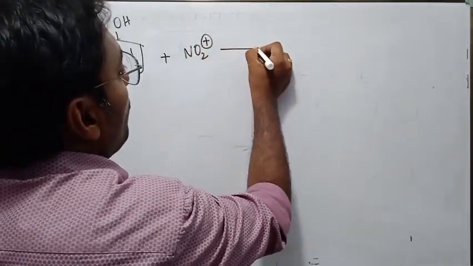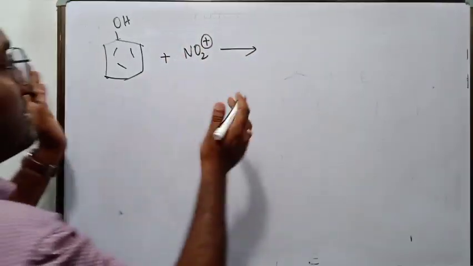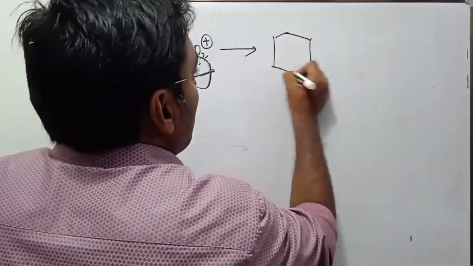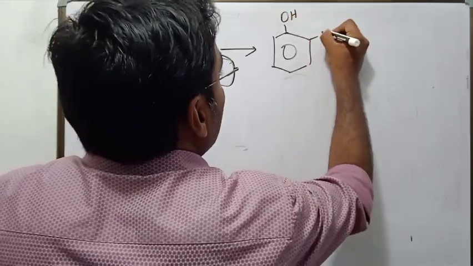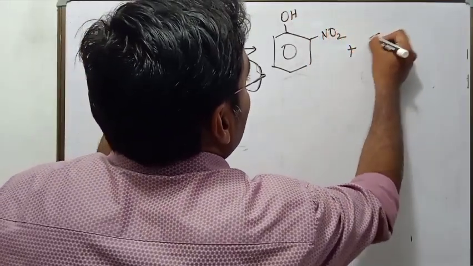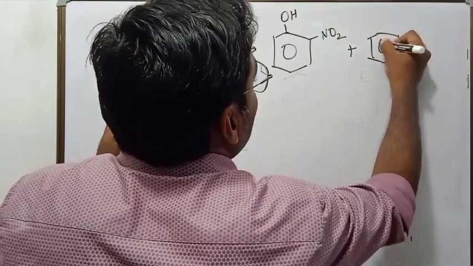Now what is the experimental result? Let us see. First I will draw the 3 isomers and then I will tell you the yields, that is the experimental result.